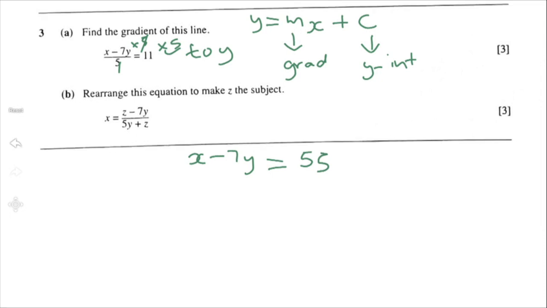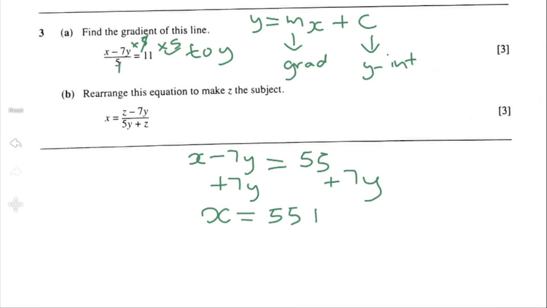We are changing the subject to y here. Now looking at the y, it contains a negative coefficient, which is negative 7. We can add that 7y to both sides to ensure that the y there has a positive coefficient. So the result will be x is equal to 55 plus 7y here.